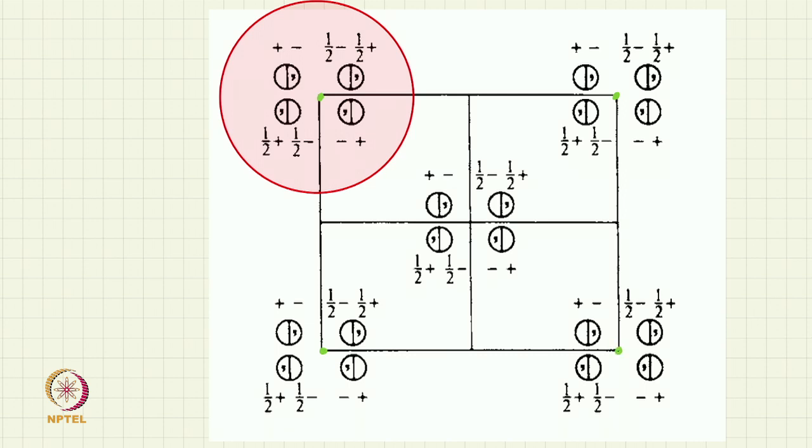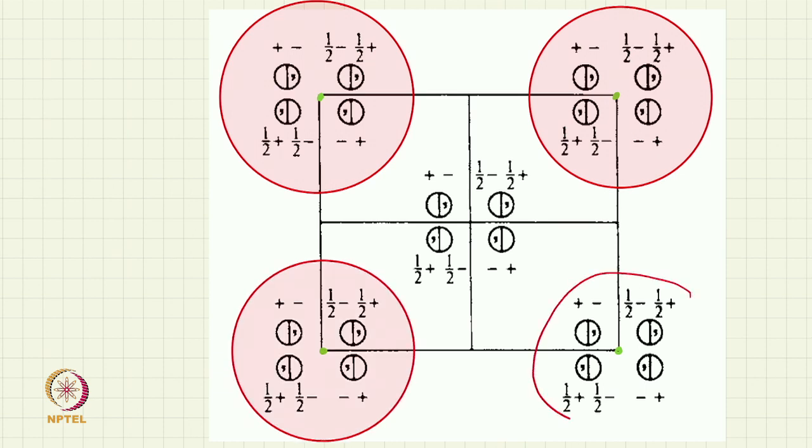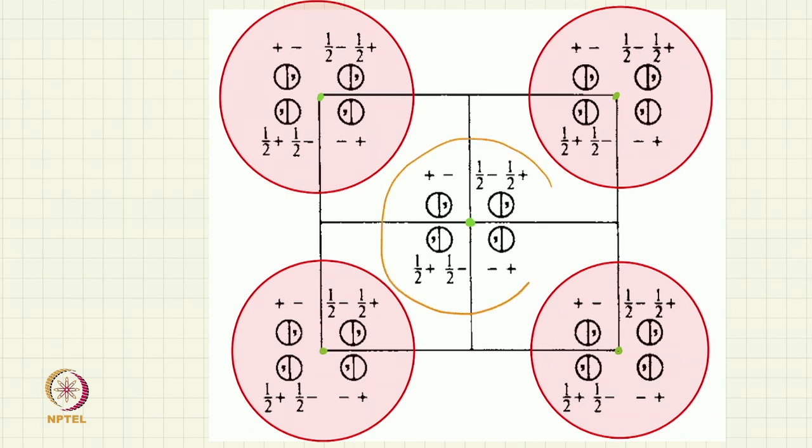So, identical motifs will be placed at each lattice point. And since it is a C centered lattice, the center of the base is also a lattice point. So, again an identical motif is placed at that center of the base.